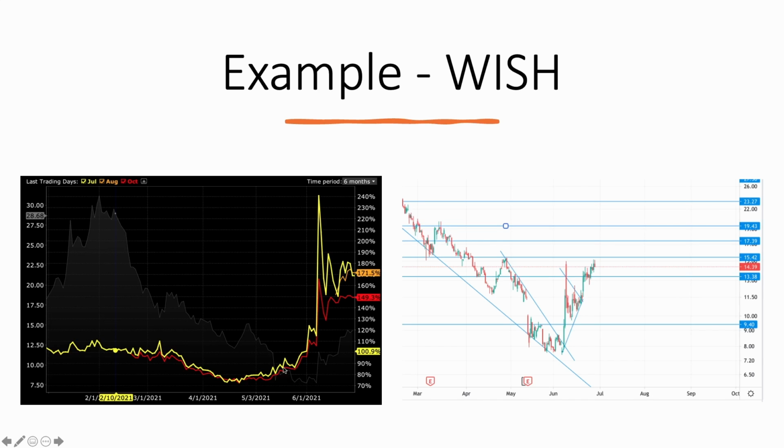The derivatives traders, the option traders, are saying there's going to be something happening in Wish, but the price is not going anywhere. So this is a bullish divergence, and you can either buy the stock here or you can buy the options. And then this move was pretty significant. I believe that Wish went from around $8 a share all the way up to around $14.